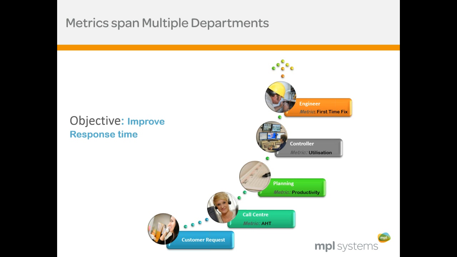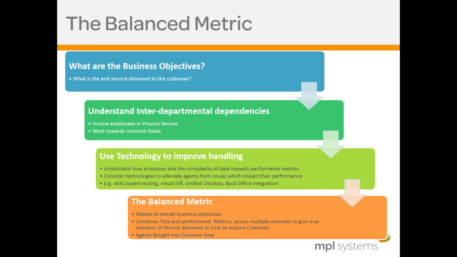So you really have to understand how that balance is going to work across those departments, and we're going to talk a little bit more now about what this balance metric looks like and what it should be for an organization. So when we talk about a balance metric, what we're really saying is, what are the business objectives that you're trying to achieve, whether it be service performance that you're trying to optimize or sales performance.